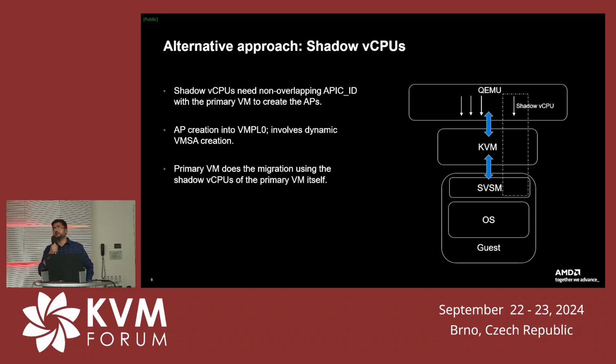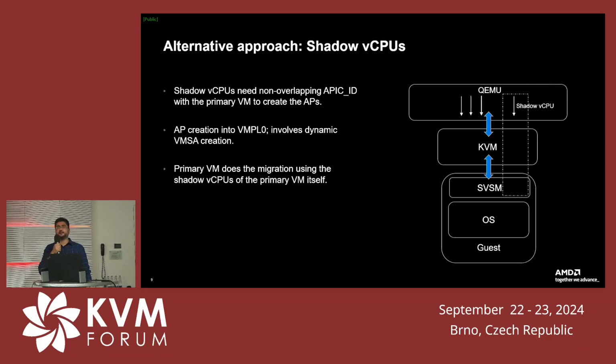So in this case, the primary VM itself does the live migration and AP creation, and the creation method of these vCPUs is dynamic VMSA creation. But after the mirror VM, where I faced problems, I went to this shadow vCPU approach, and I'm adding these vCPUs dynamically, as there were some suggestions in the past from the maintainer, when we start the migration.